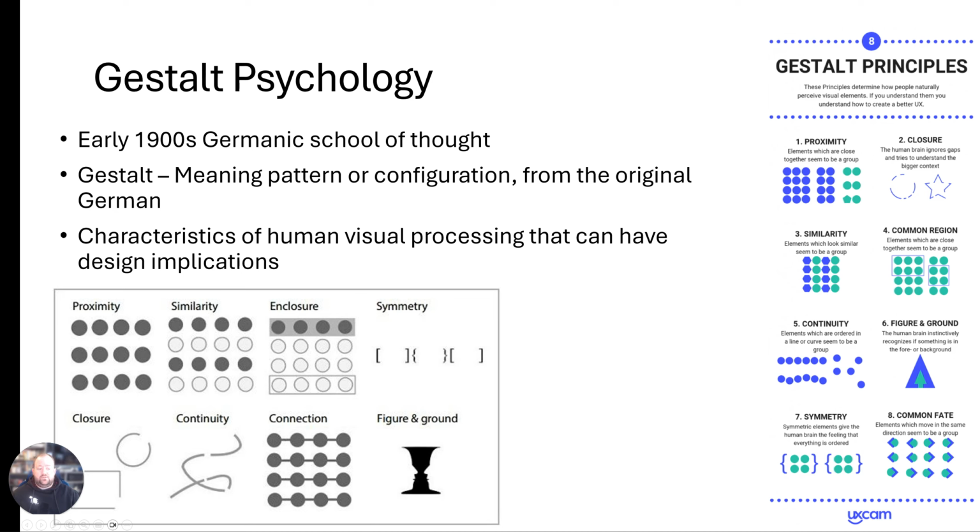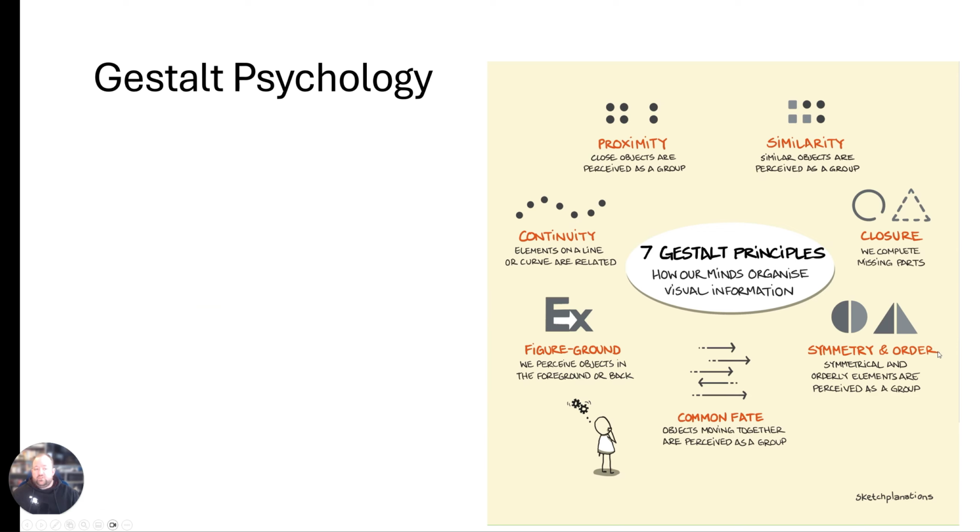Figure and ground, so our brain instinctively recognizes if something is in the foreground or the background. Symmetry, our brains like order, we like symmetry typically. Things that are a little bit out tend to bother us. And common fate, elements which move in the same direction seem to be a group. Here's another example.